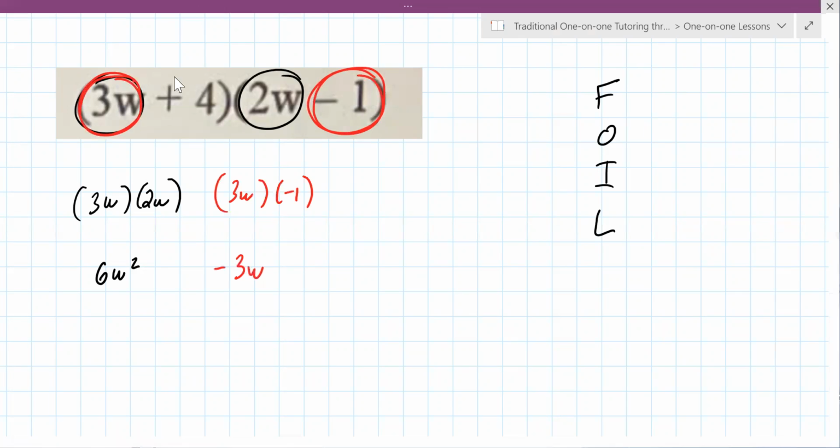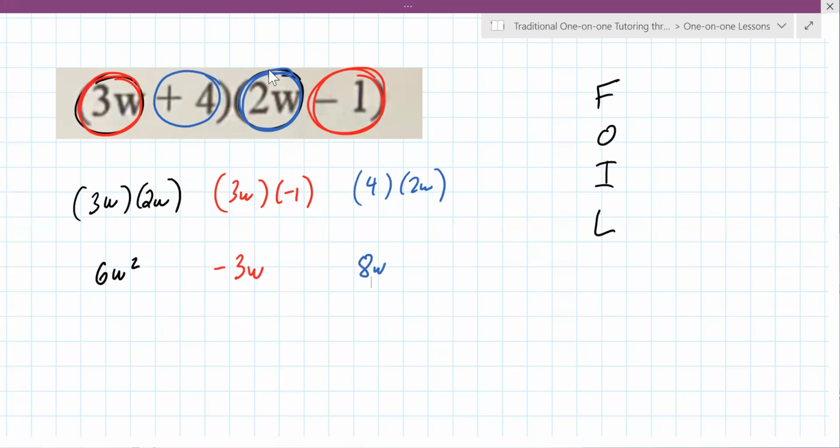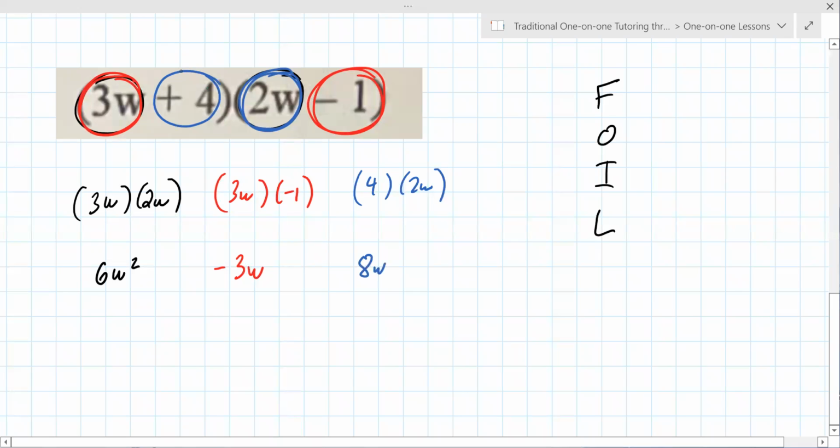The inner are the ones that are touching, kind of right next to each other, the +4 and the 2W. So the 4 times the 2W, and that becomes 8W. And then the last is literally the second two ones.